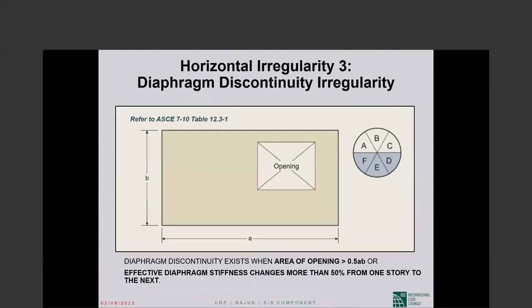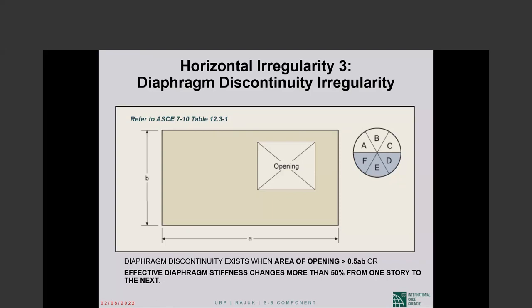Diaphragm discontinuity irregularity. Diaphragm discontinuity exists when the area of the opening is larger than 50% of the area of the diaphragm, or effective diaphragm stiffness changes more than 50% from one story to the next.